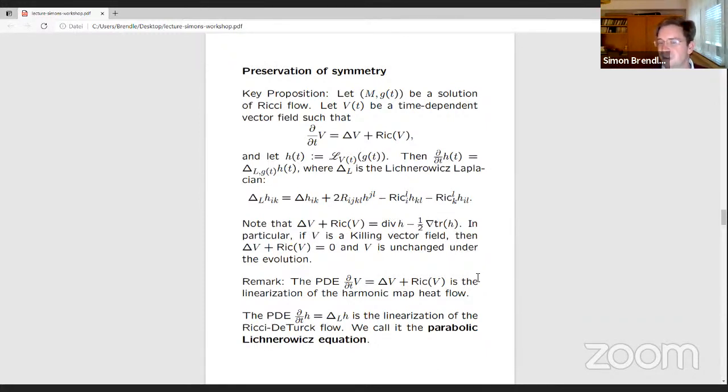So if V happens to be Killing, then dV/dt is 0 and h remains 0 and V doesn't change and it remains a Killing vector field. And so, of course, what we want to do is say we have an approximate Killing vector field, then we evolve the vector field in this way, and then h evolves by this parabolic PDE, and we want to somehow estimate h.